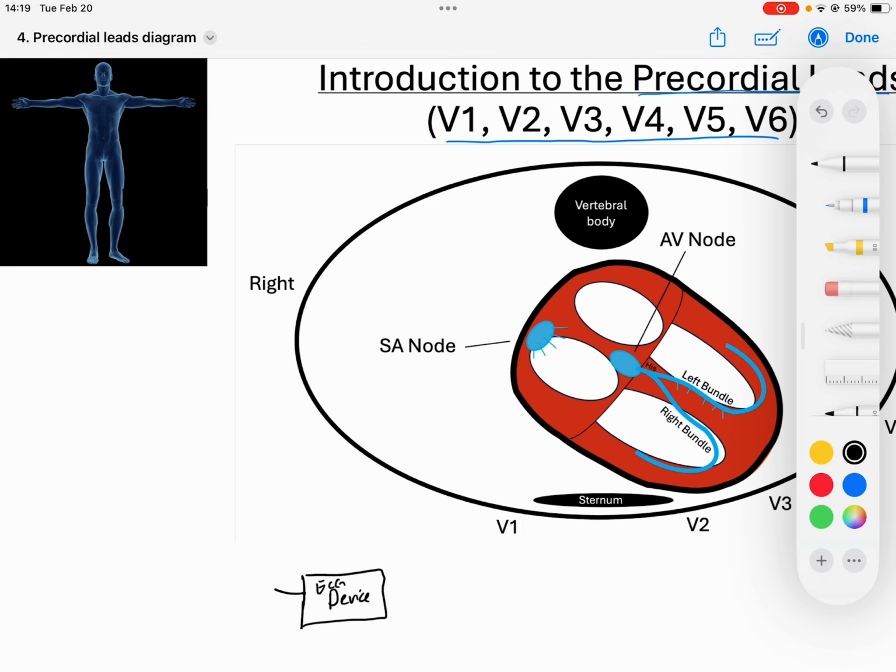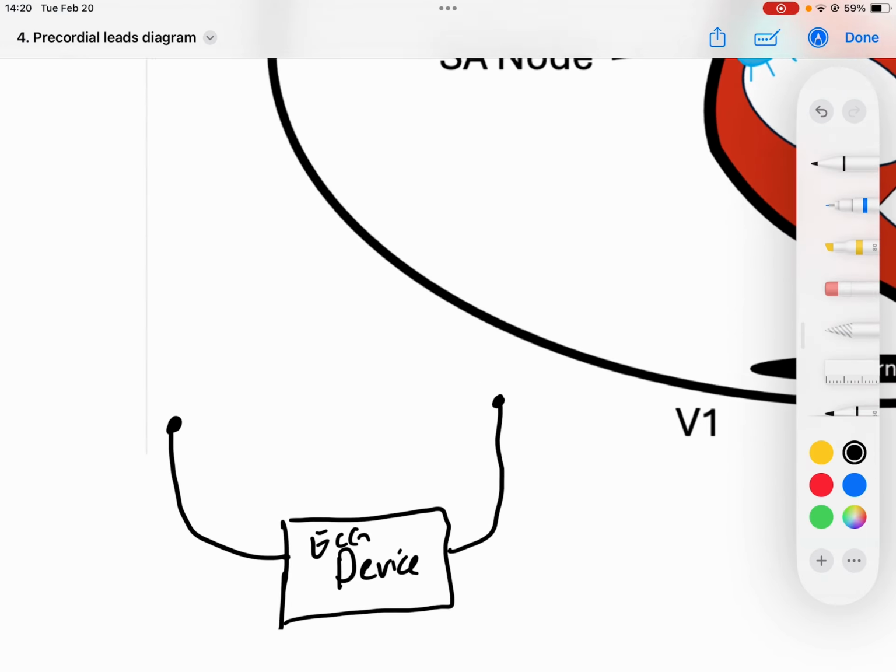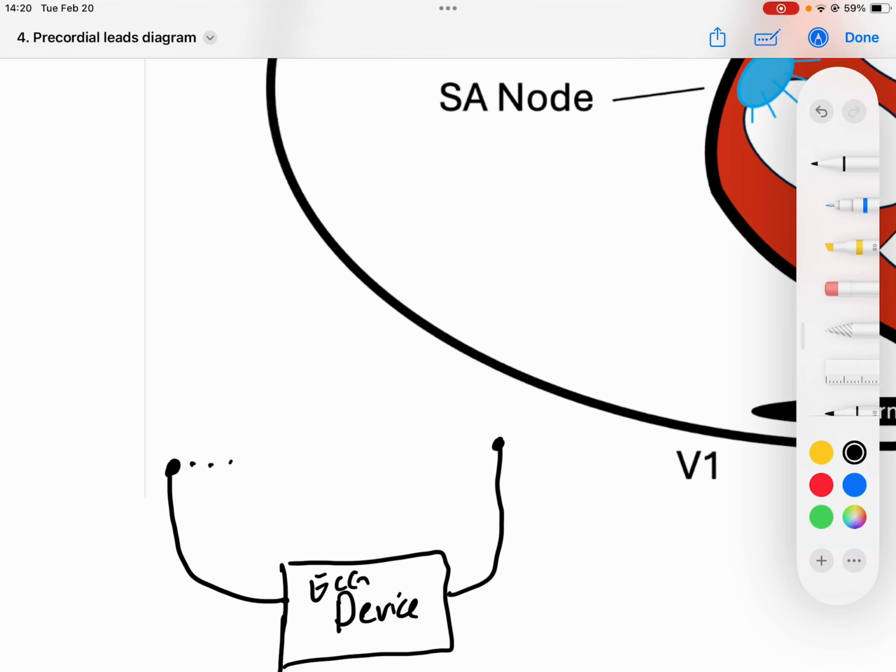And this machine has a recording electrode, two of them, that are located like so. And they measure the change in electrical activity that occurs between them along this axis specifically, right?